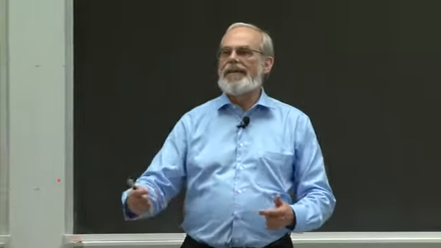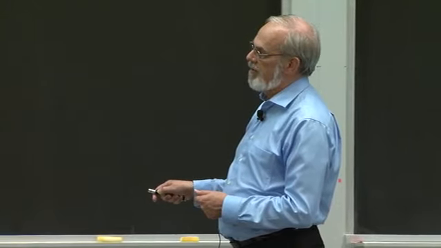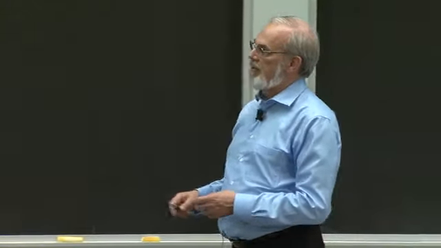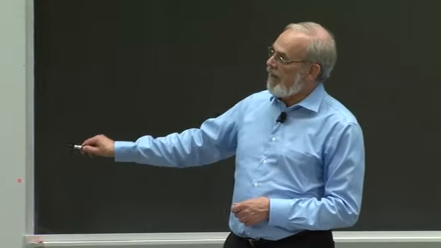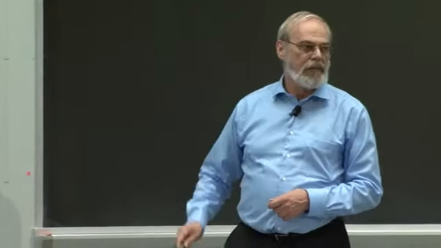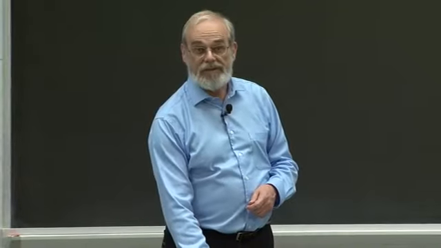I'm looping over something inside of there, I'm looping over something else on a size that depends on the size of the problem. And then we just saw this last one, multiple recursive calls at each level tends to be characteristic of exponential. And as I said, we'd like to be as high up in this list as we can, because those are really nice algorithms to have.